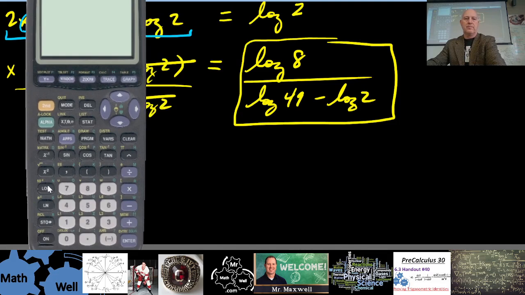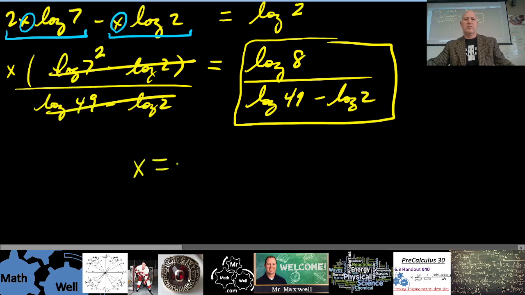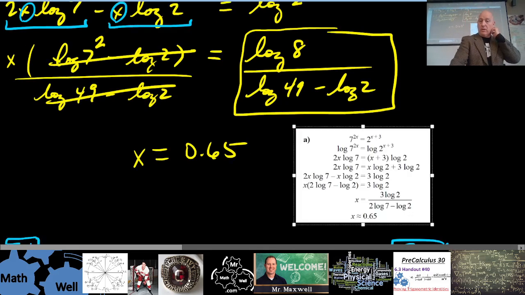So log 8, close the brackets there, divided by, all these brackets here, log 49 minus log 2. Okay. 0.65. X equals 0.65. So let's just double check that answer. So about 0.65 is correct.